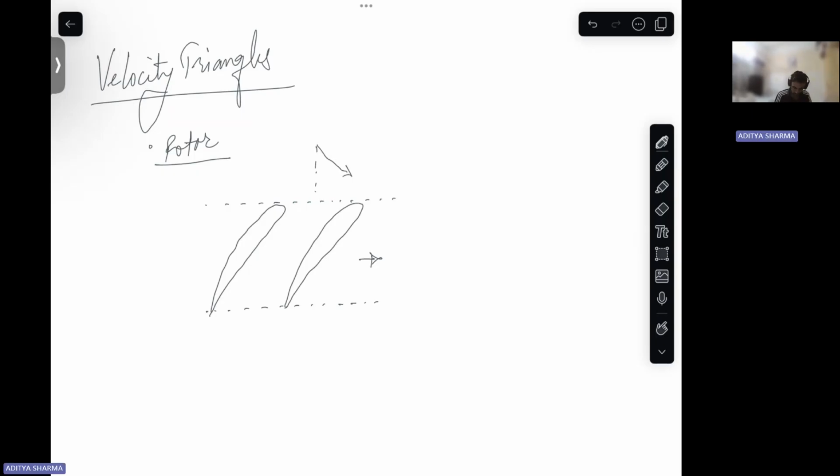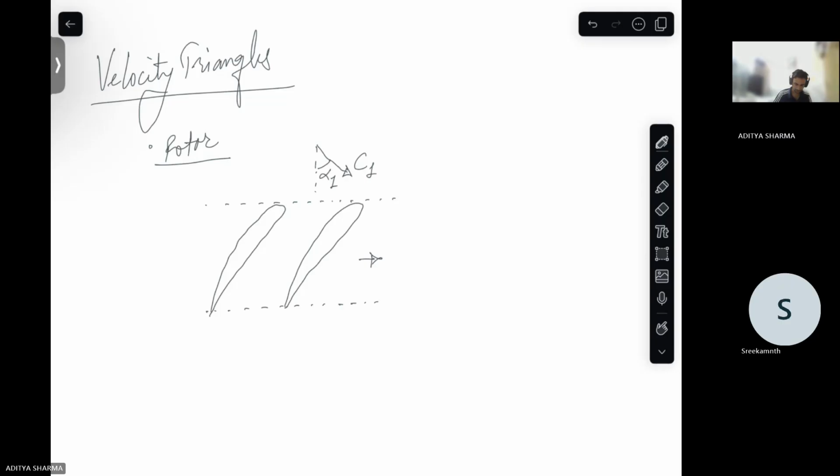So this is showing how the fluid is moving in your rotor.